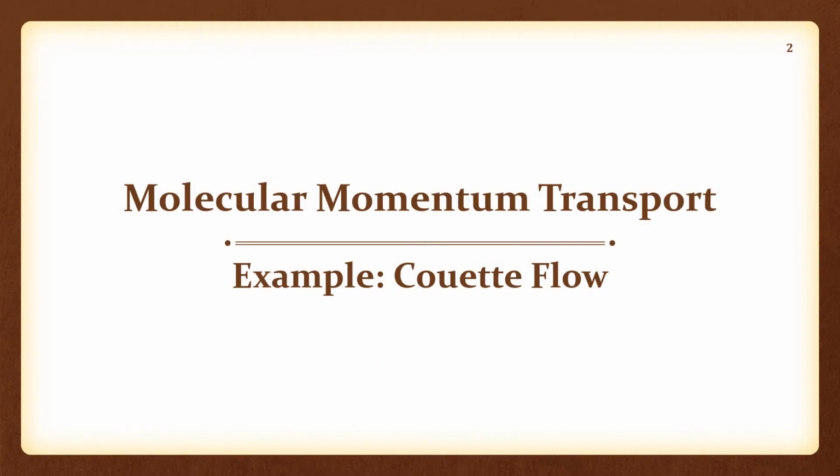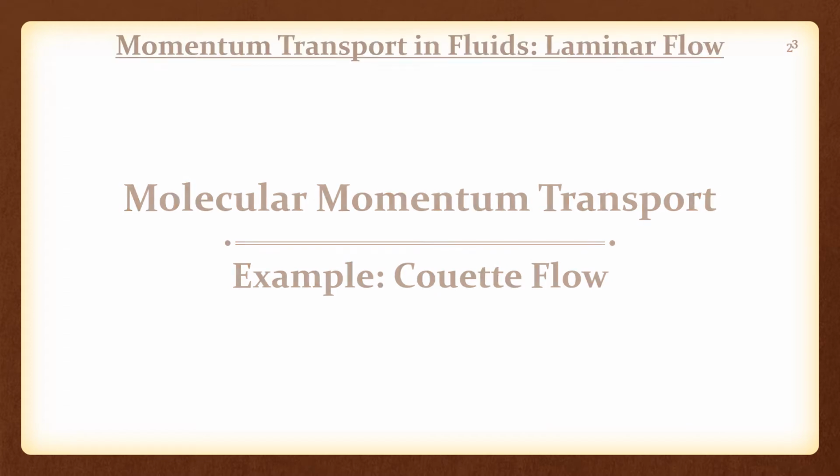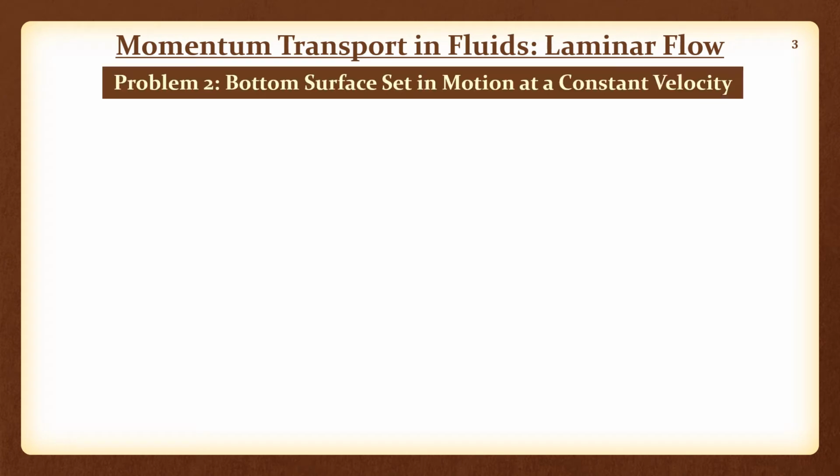In the first lecture, we considered a specific example of flow between two parallel plates. And in this second lecture, we are going to consider the example of what is called Couette flow. So again, we are looking at laminar flow of fluids.